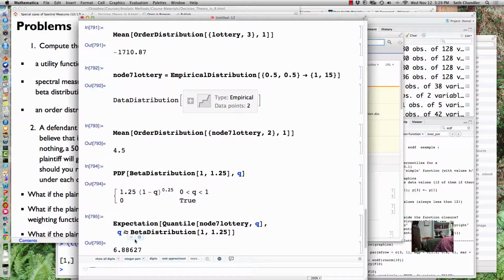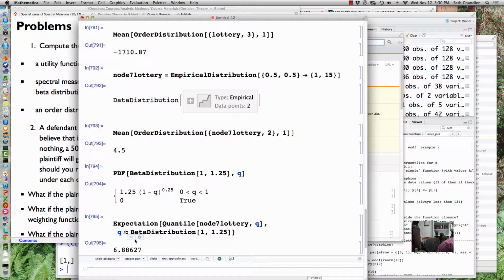And so now, if our person is sitting at node 5, what do they want to do? Do they want to go to node 6, or do they want to go to node 7? Node 7. They want to go to node 7 because they value that at 6.88. Okay. So now we have to move up to node 2.